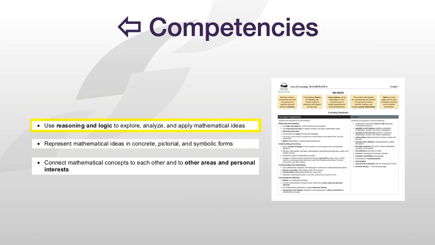We used reasoning and logic when we explored and made sense of the patterns we observed in products of integers. This involved representing integers pictorially by drawing counters and number lines. Finally, we connected multiplying and dividing whole numbers to multiplying and dividing integers.